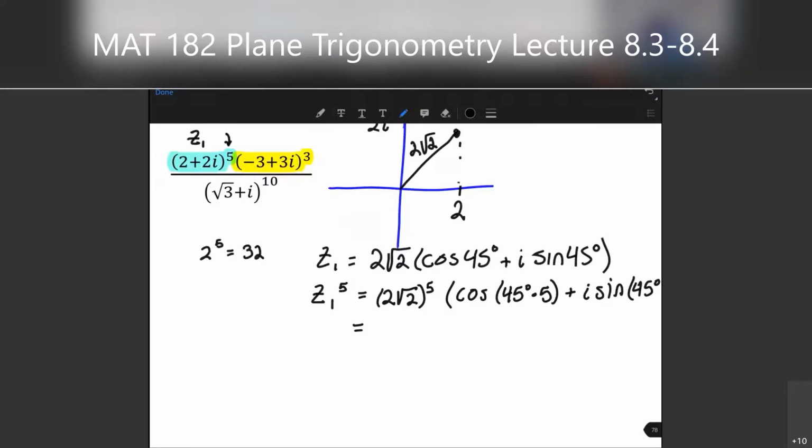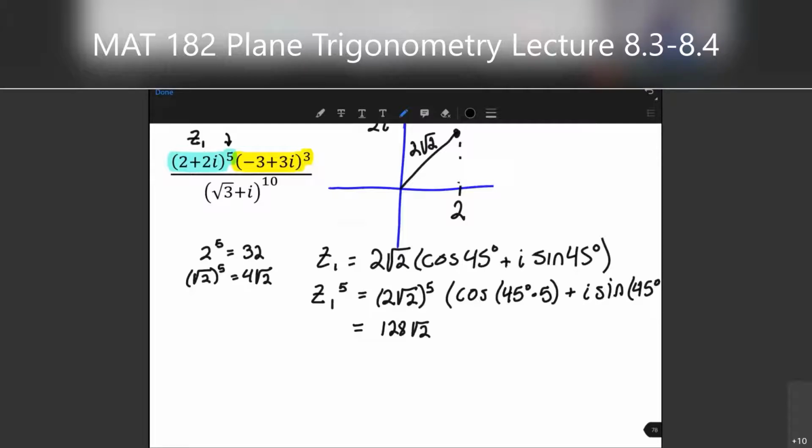And then if you did square root 2 raised to the power 5, that should give you 4 roots of 2. And so we just need to multiply those two items together. That'll end up just being 128 square root of 2. So that's your new modulus on the complex number raised to the 5th.